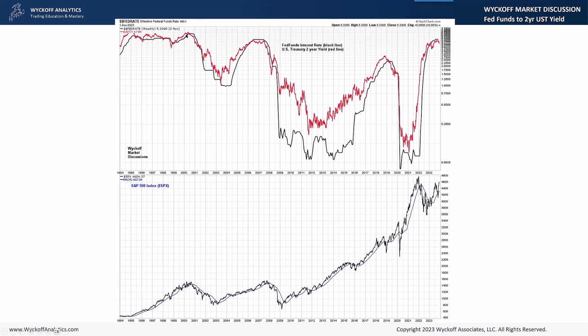And this is the top of a bull market. This is the S&P down here, on an arithmetic scale, and that's why it looks so crazy. Here you can see that finally the Fed gets the Fed rate above the 2-year and holds it there for a year.